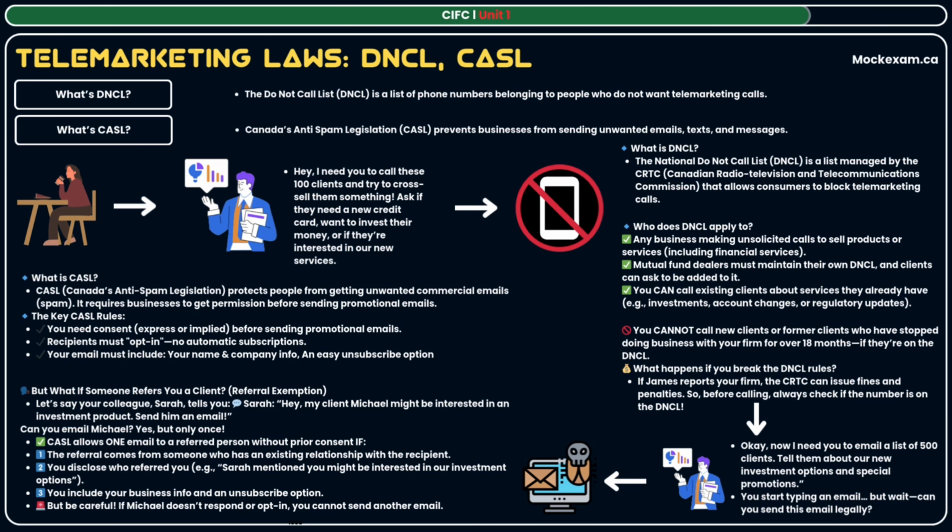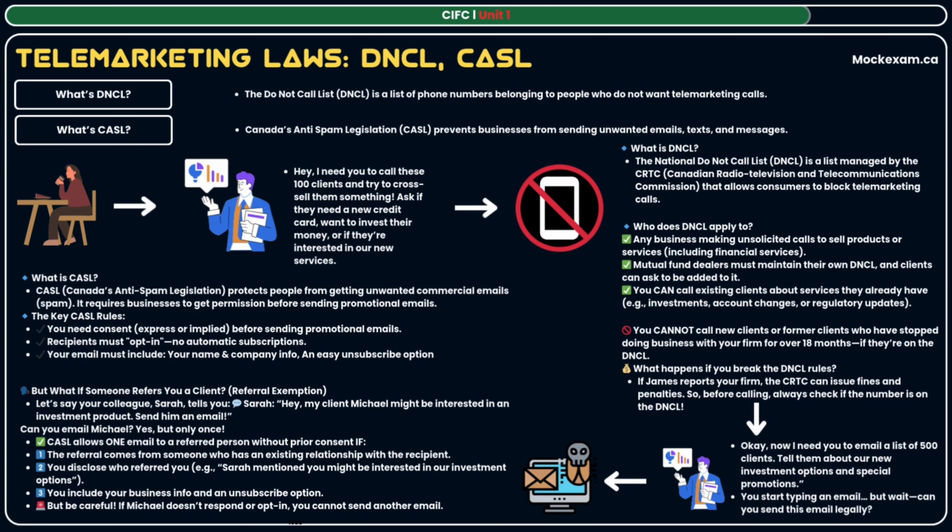The answer is yes, but only once. Okay. So CASL allows one email to a referred person without prior consent, if the referral comes from someone who has an existing relationship with the client. The second condition, you disclose who referred you.